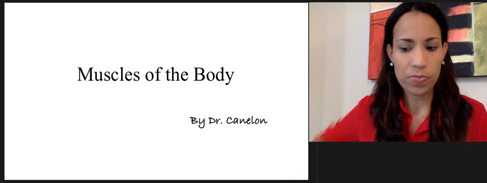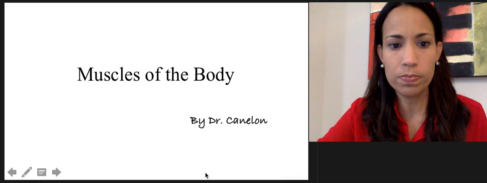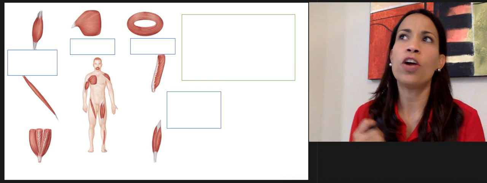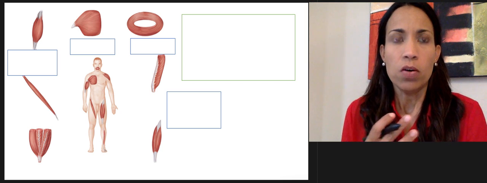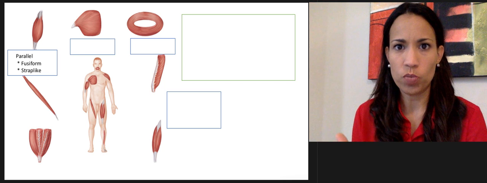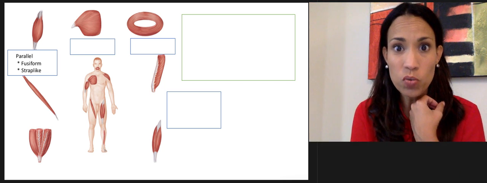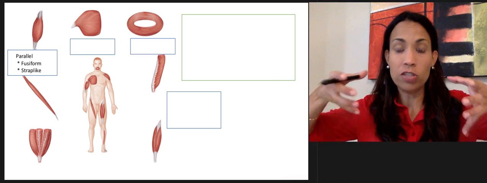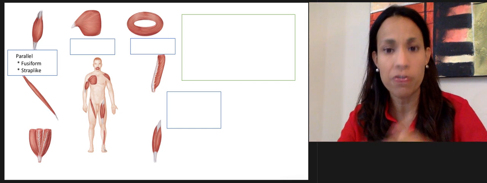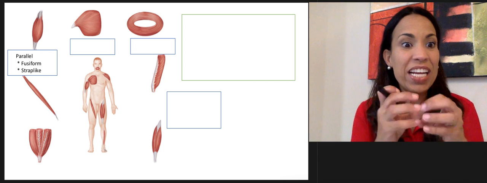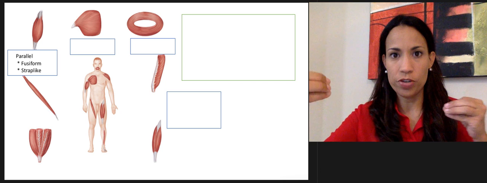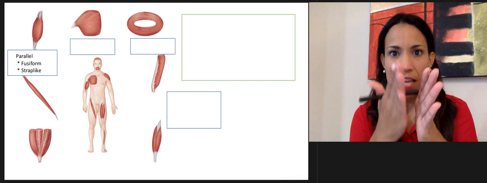So let's start right away with this chapter, muscles of the body. The muscles in the body follow different types of arrangements. The first one is the parallel arrangement. Remember, the entire muscle consists of several muscle fascicles, and the muscle fascicles consist of muscle fibers. Here, the muscle fascicles are arranged parallel to each other, following the same direction.